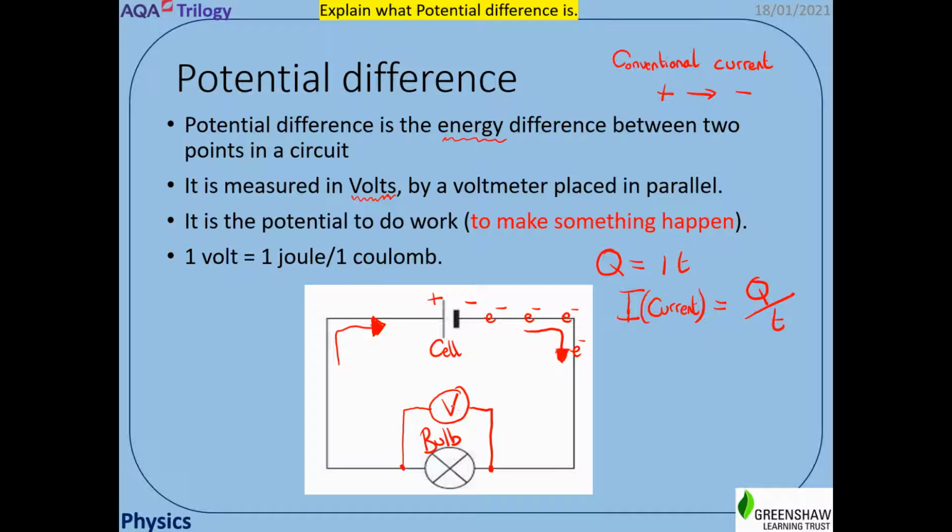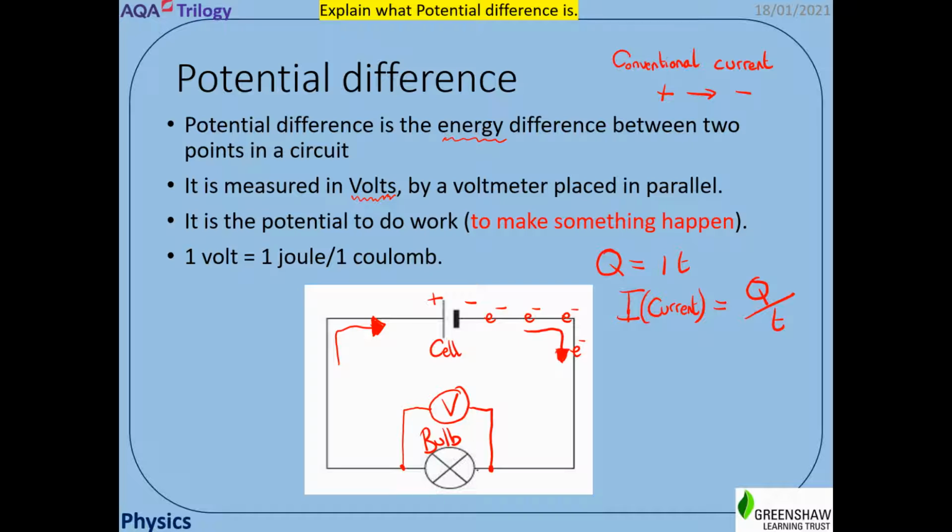And so when we're measuring the potential difference of something, we are measuring the energy change from when our electrons, our coulomb of electrons, get to here. We're measuring how much energy they've got, and we're measuring what the difference in energy that they've got when they reach the other side.